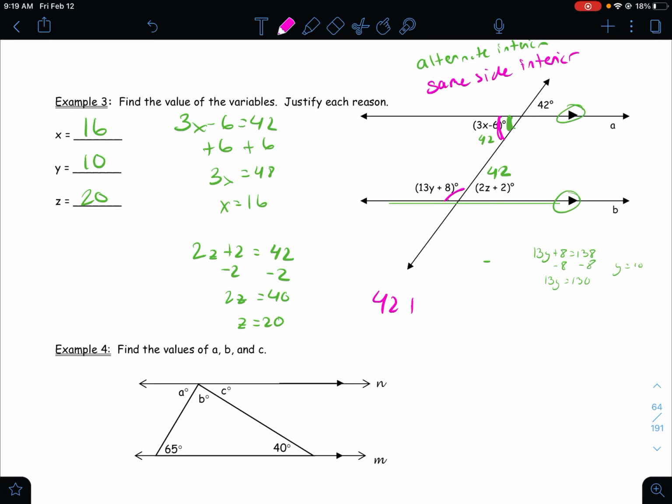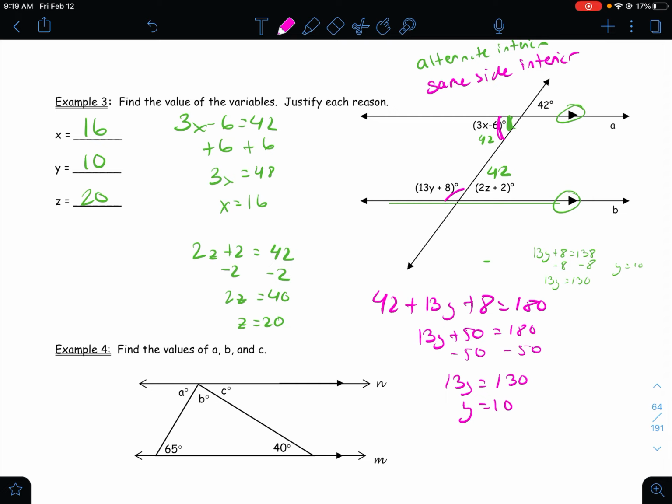So we could say 42 plus 13y plus 8 equals 180, and solve for y from there. And you should end up with the same answer. We get 13y plus 50 equals 180, minus 50. 13y equals 130. And we get that, again, y equals 10. All right, so that's another way you could have done that.